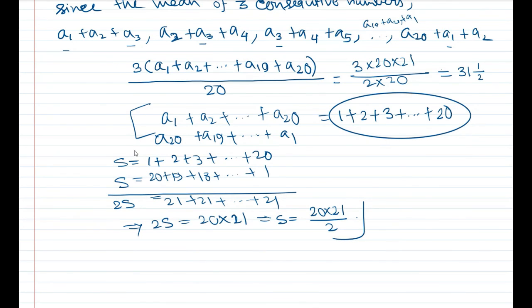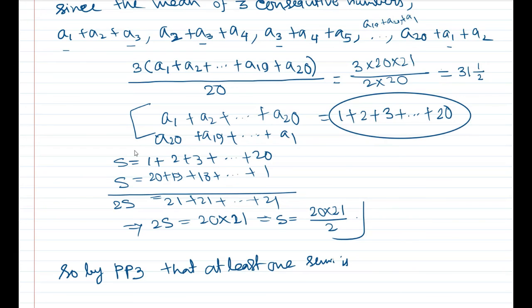so by PP3, at least one sum is greater than or equal to 32.